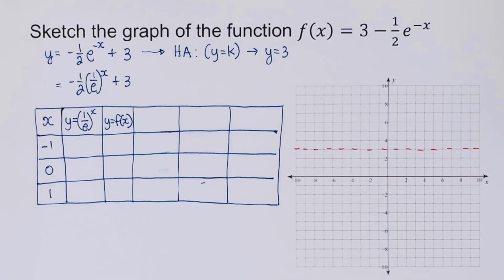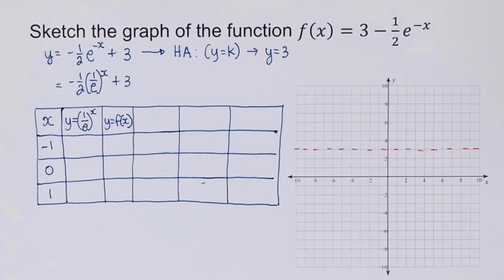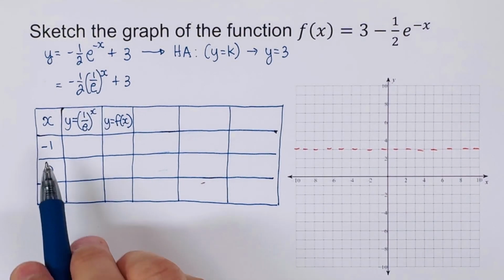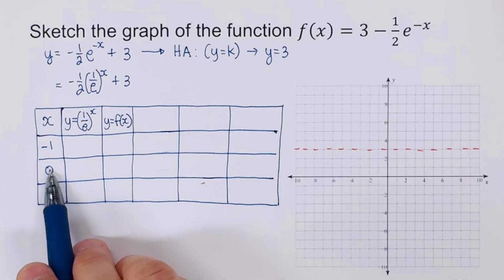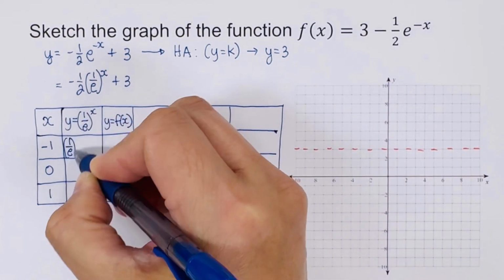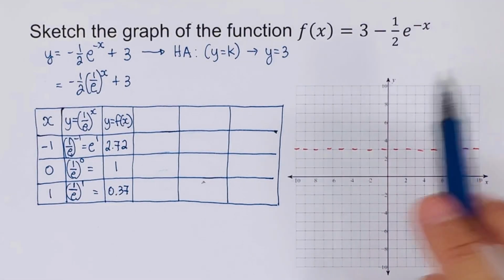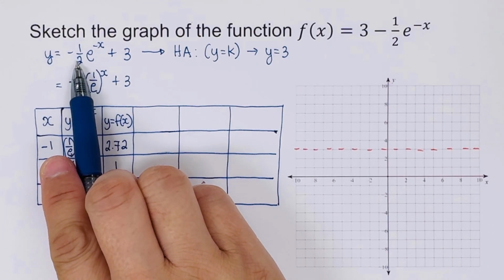So the parent equation for this would be y equals 1 over e raised to the power x. So I'm going to go ahead and plug in these values of x into the equation right here, and we will solve for y. Looking at the equation right here, our stretch factor is -1/2.